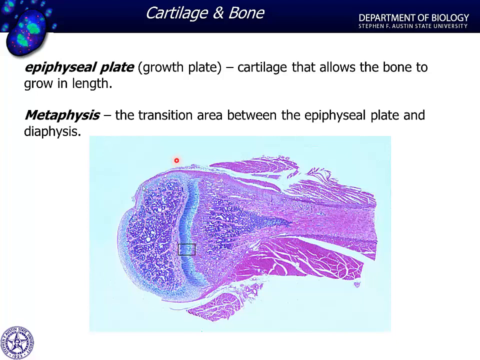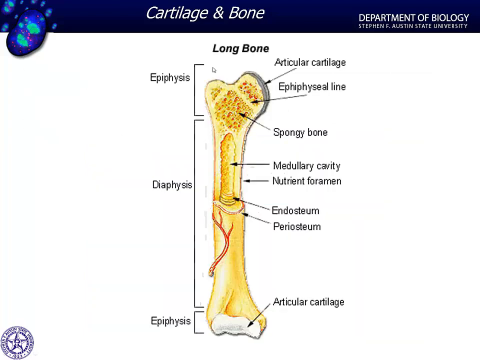Now, we have the epiphysis we mentioned and the diaphysis. The region that's sort of in between, this transition region between the diaphysis and the epiphysis, is referred to as the metaphysis. So our epiphyseal plate is just after the metaphysis of the bone. That's more of an anatomical term. So here we see, again, in this illustration, the epiphysis.